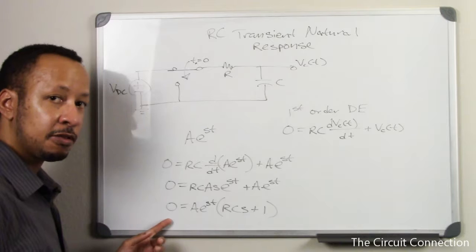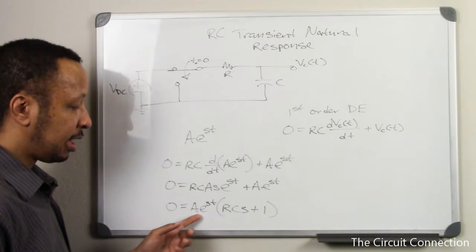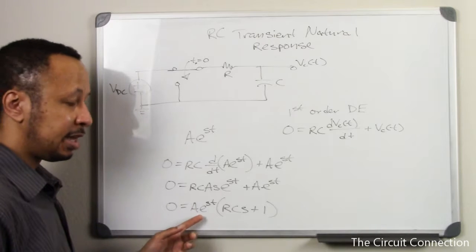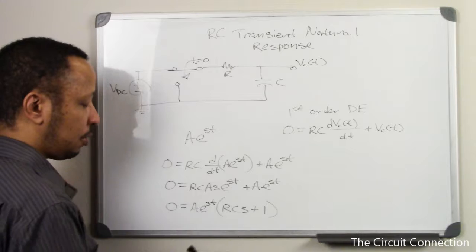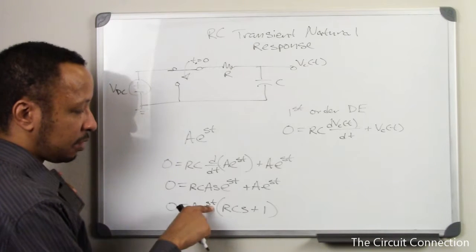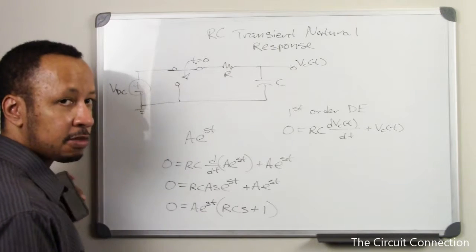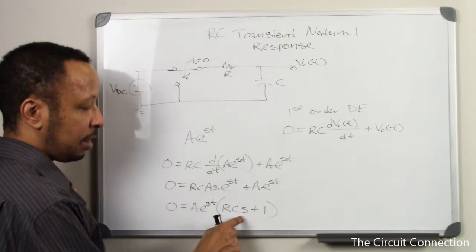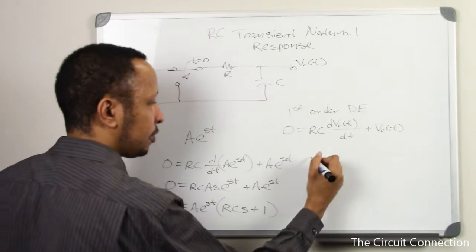Now, in order for this to be true, where 0 equals a times e to the st times RCs plus 1, we're going to make this factor equal to 0. Because if we put 0 here for t, then e to the st would be equal to 1, and we don't want our constant to be 0. So the assumption is that we're going to have RCs plus 1 equal to 0.